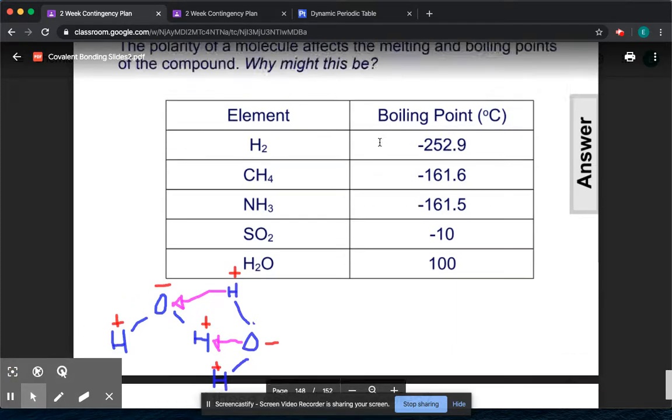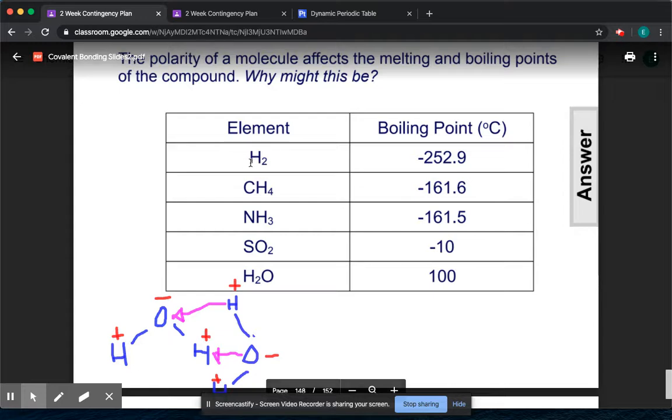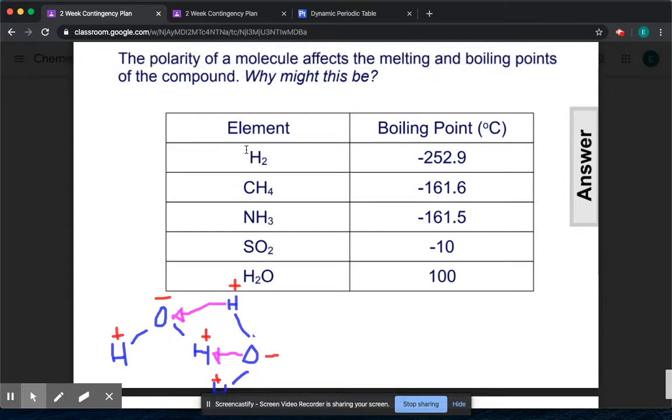So on this table, they give you different boiling points. So H2, you have the same element. If you have the same element, that means there's no difference in electronegativity. So H2 would be non-polar. Because it's non-polar, you have this very low boiling point.